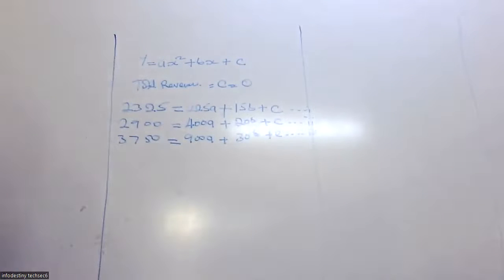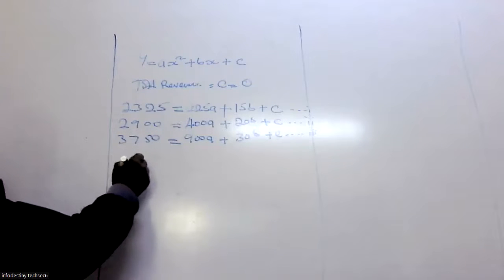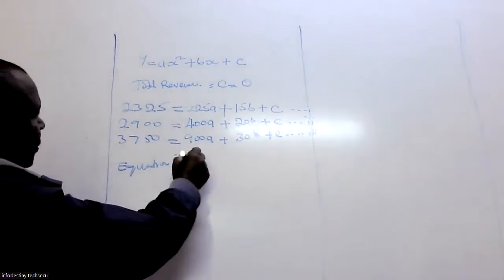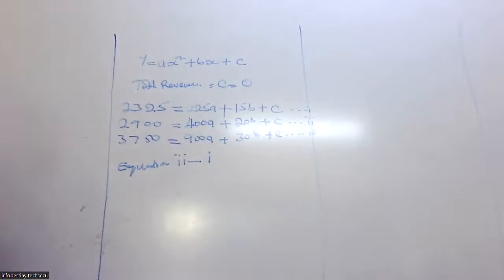Up to that point, now we want to find out A and B. How do we get that? The next step, we take equation 2 minus equation 1. Get together. So what's our equation 2?